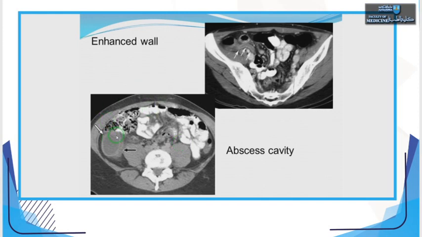In CT, it's very important that you can find pus collections or abscess cavities, and this is a complicated appendix. It's not an acute appendicitis anymore. It is a complicated appendix with perforation and pus formation.